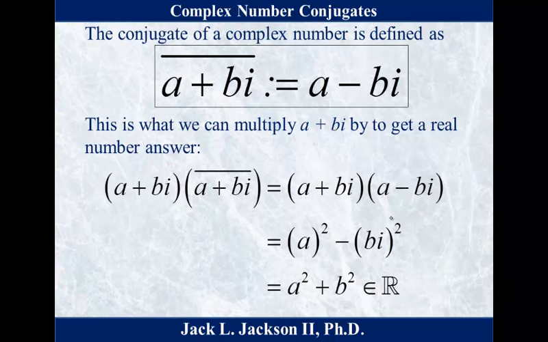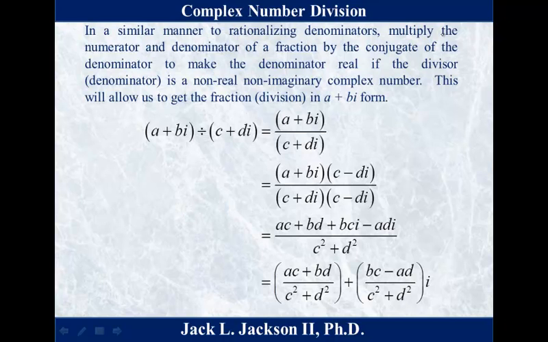And notice our sum and difference pattern gives us a difference of 2 squares. It's the first term, a, squared, and then minus the second term, bi, squared. But of course, bi squared is b squared, i squared is negative 1, which changes the difference to a plus, and so we end up with a squared plus b squared in the end. So we know if we multiply by the conjugate, all we get is a squared plus b squared, which is a real number.